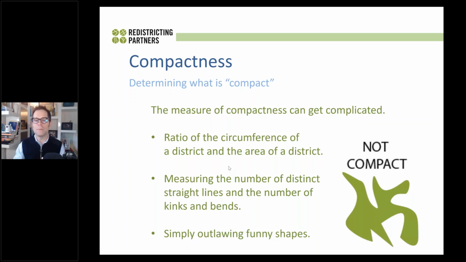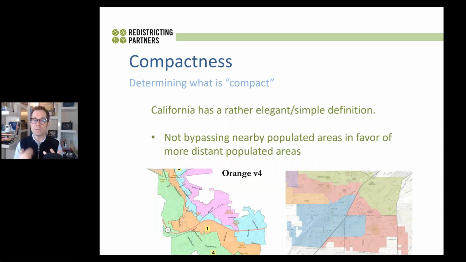It's important to know that they're there, but in California, we utilize another new definition. And since it's a new definition, we're really going to see how it's used and interpreted in our processes around the state. The definition we have in California is that in drawing districts, you should not bypass nearby populations to go get a more distant population.